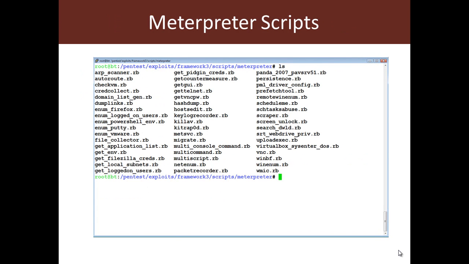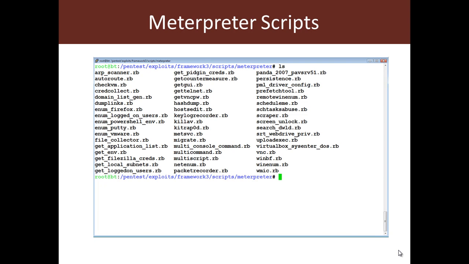Now, moving on, Meterpreter scripts. So what are Meterpreter scripts? Well, Meterpreter scripts are scripts which leverage the Meterpreter platform and the various extensions available. And they go ahead, use all these APIs and do various tasks on the victim system.